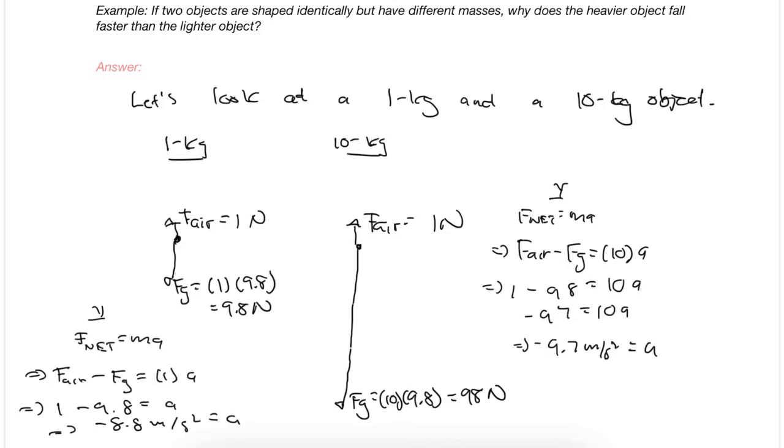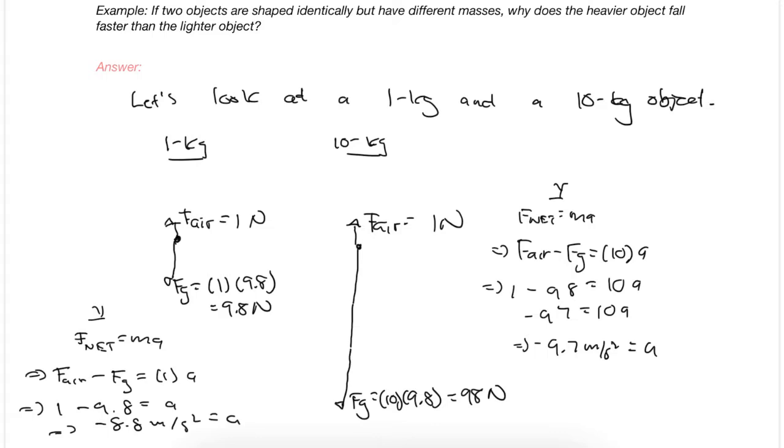The reason the heavier object falls faster is because air resistance is more effective. That 1 Newton force has much more of an effect at holding up the 1 kilogram object than it does the 10 kilogram object. And this is really the difference. Air resistance, because it acts on an object and depends only on the size and the shape, will not depend on the mass of the object.